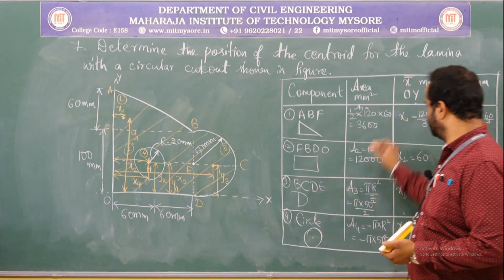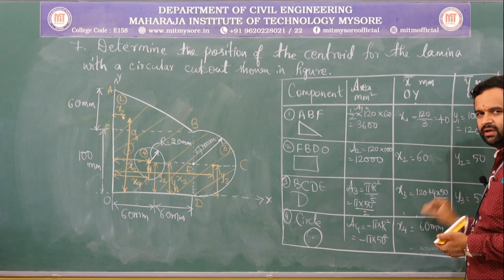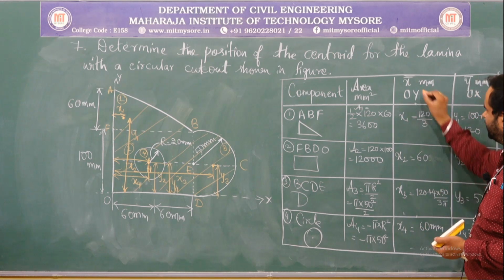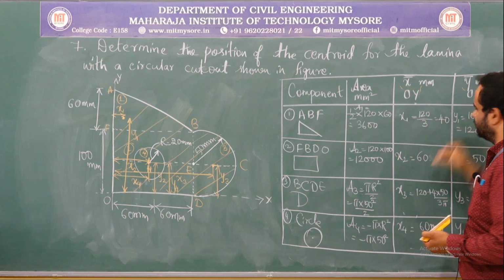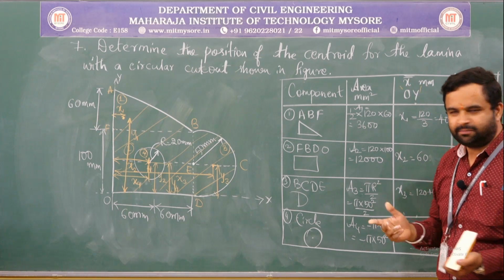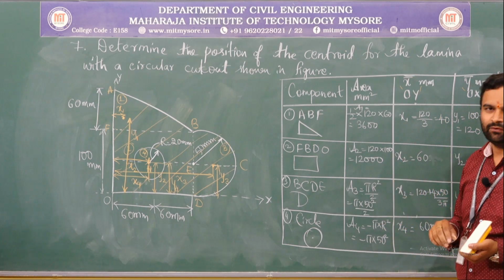Now we have calculated all the values of x1, y1, x2, y2, x3, y3, x4, y4 in order to calculate x bar and y bar, that is measured from OY axis and OX axis. In the next step, you need to take these values and substitute in x bar and y bar formulas.